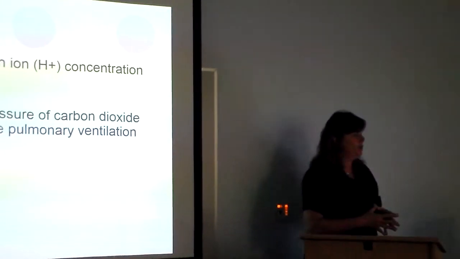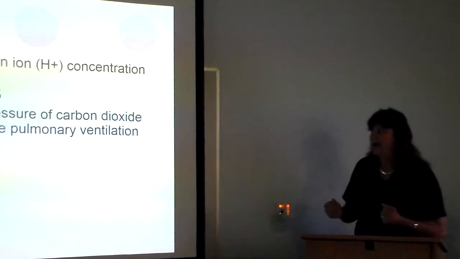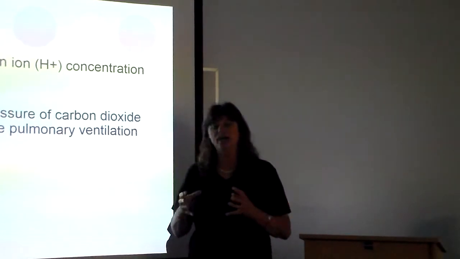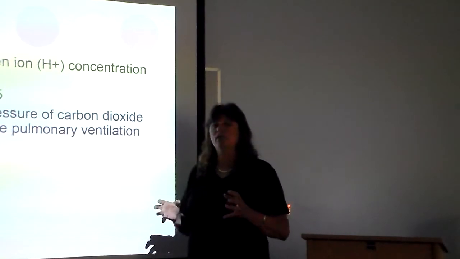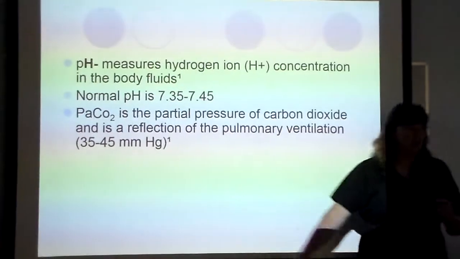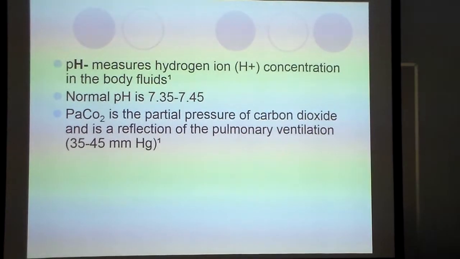Your PCO2 is, again, your carbon dioxide, the partial pressure of how much carbon dioxide is in the bloodstream at any given moment. The normal for that is 35 to 45 millimeters of mercury.